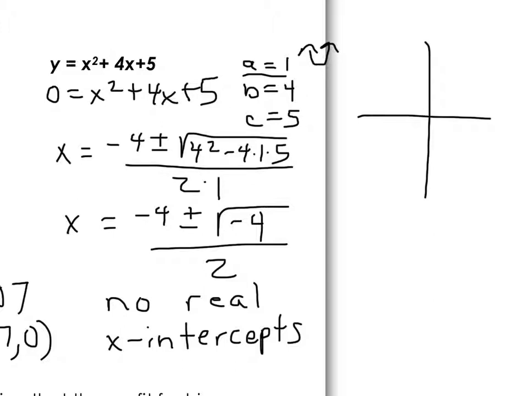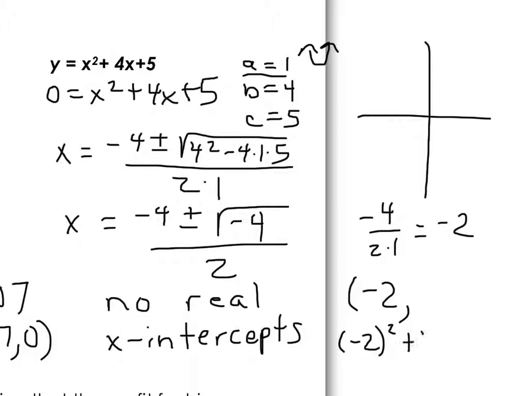The vertex is negative b over 2a, so it's negative 4 over 2 times 1, it's negative 2. So it's the point negative 2, and what is y? Well, it's negative 2 squared plus 4 times negative 2 plus 5.